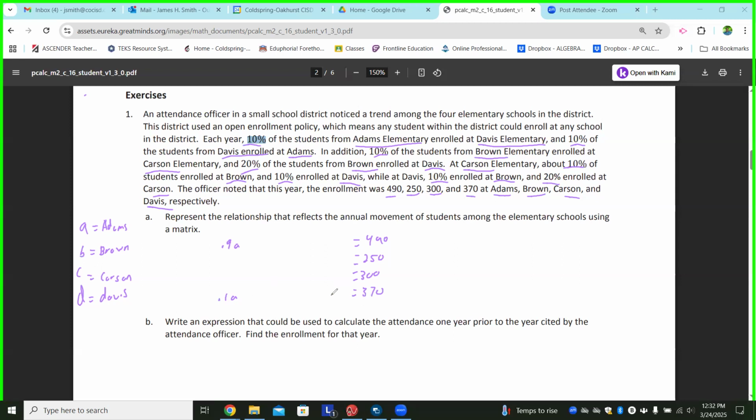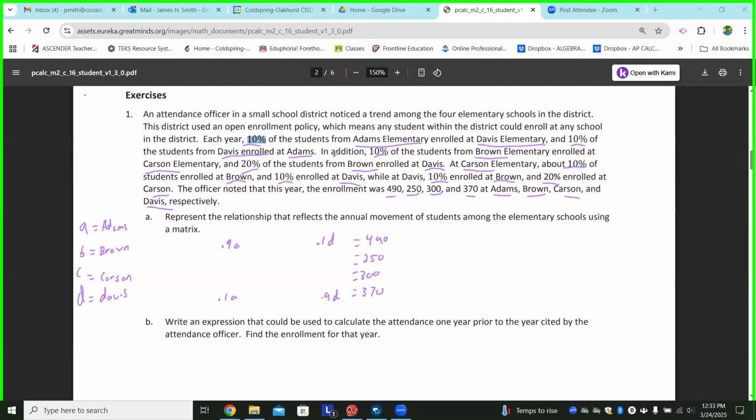So that still makes up 10% of Davis, which means I still have 90% of Davis at that school. And I'm trying to keep it in the same order of A, B, C, D. Okay, so that's that first sentence.